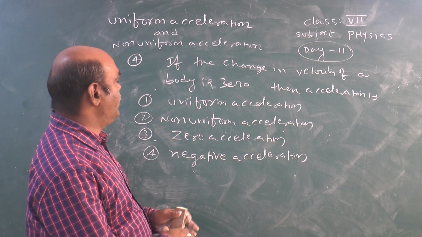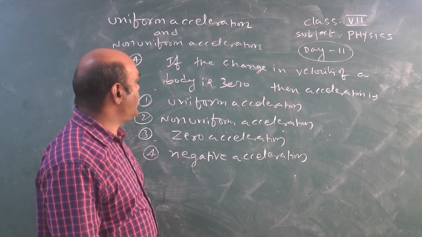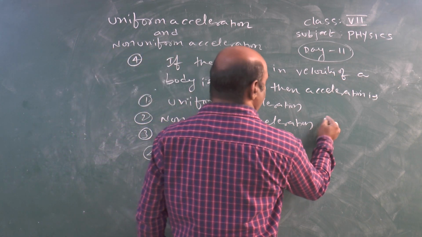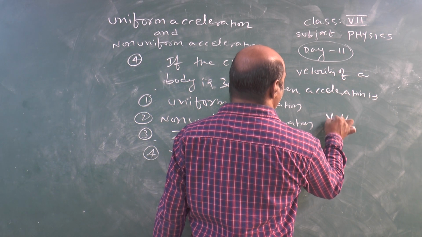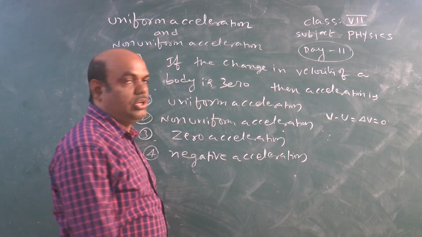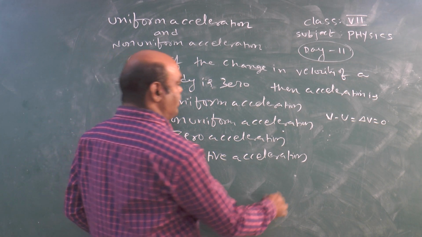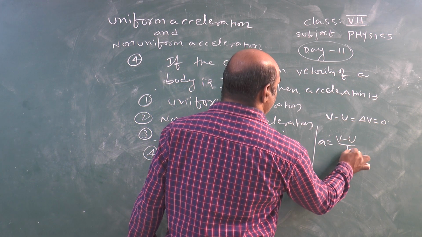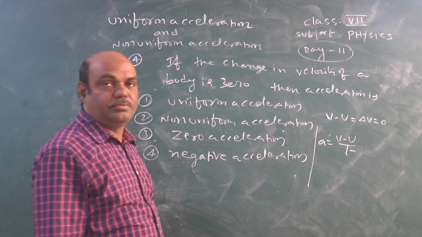So what is the problem? If the change in velocity of a body is zero, the change in velocity v minus u, that is delta v, is zero. The basic definition of acceleration is a equal to v minus u by t.